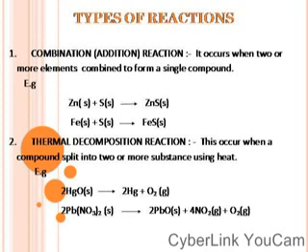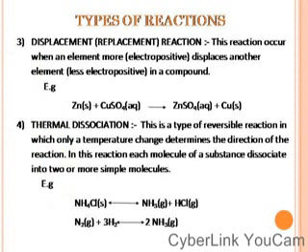Now, let's look at another type of reaction, which is displacement reaction. From the word displacement, or we can say replacement reaction, that means one particular element is replacing another one, especially those that are more electropositive.